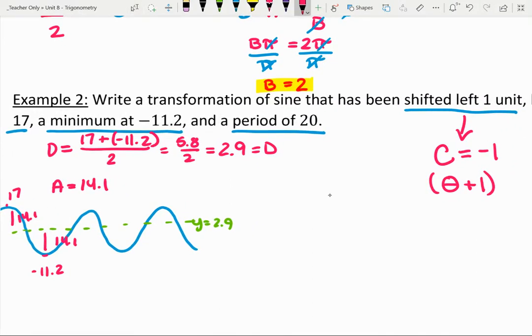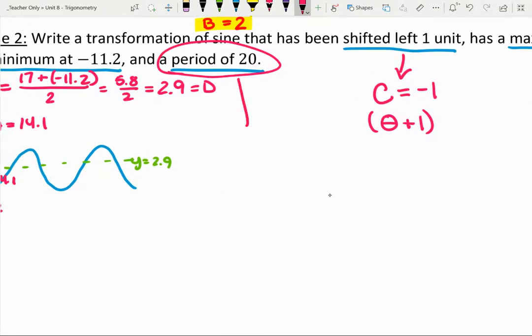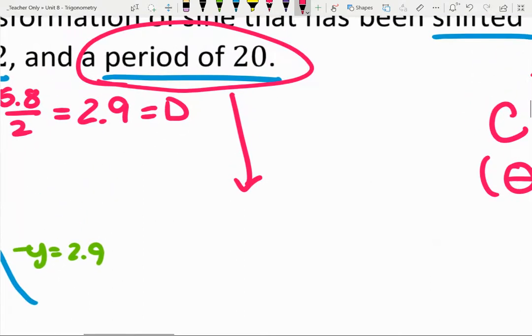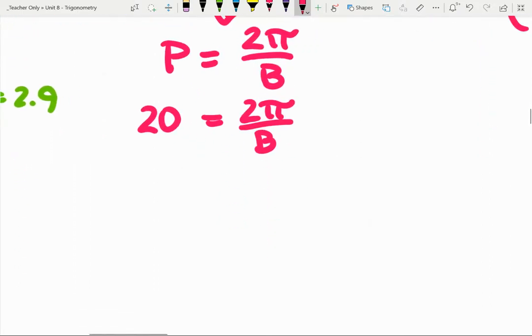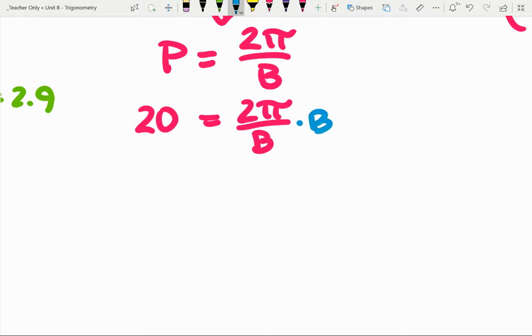And we're going to use this information about the period of 20. Again, I'm just going to start by reminding myself of that formula. The period is equal to 2 pi divided by B. So I'm substituting 20 as the period, and I have to solve for the B value. This algebraic process is going to look pretty similar because the formula we started with is pretty similar, right?